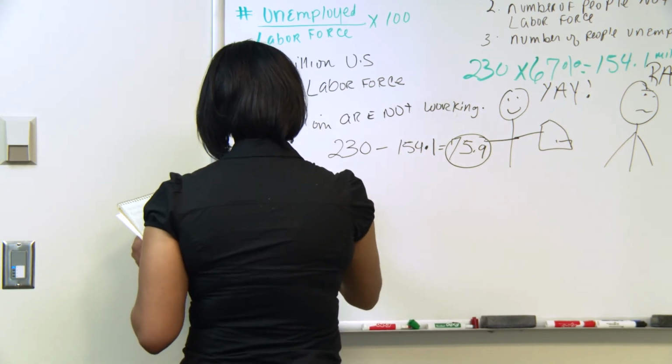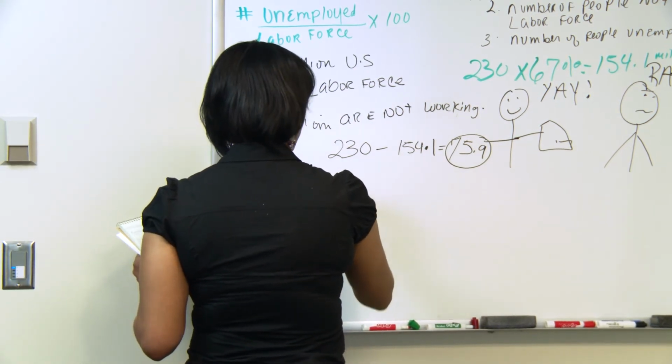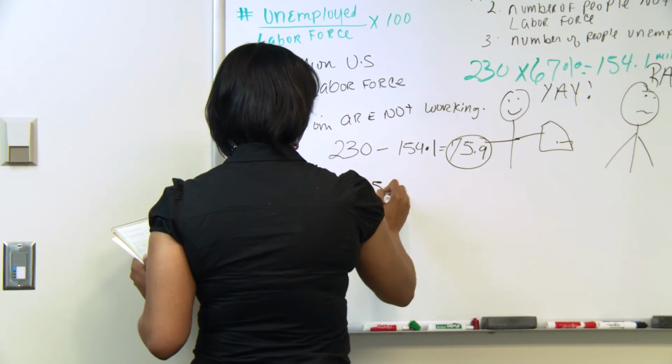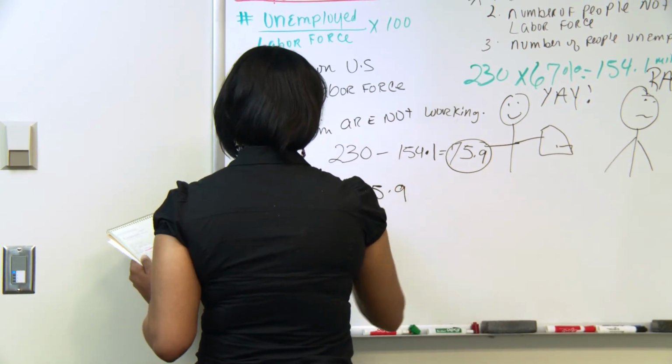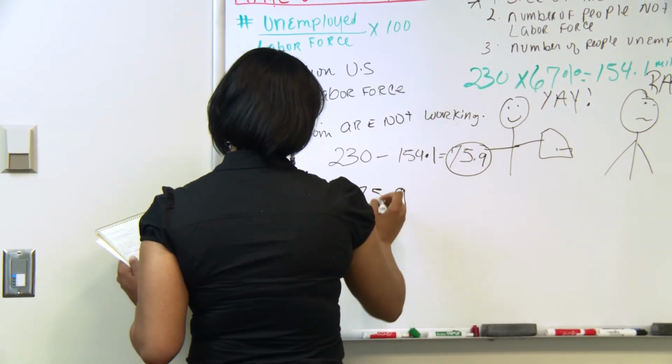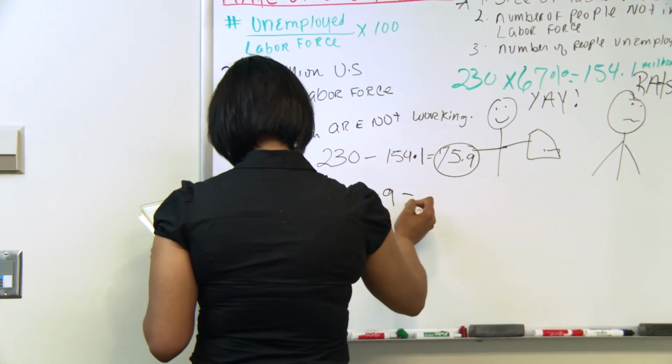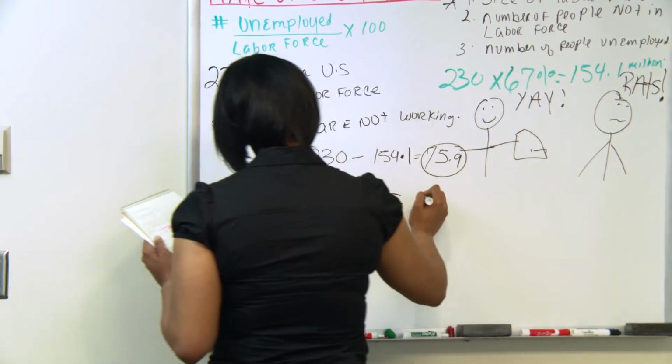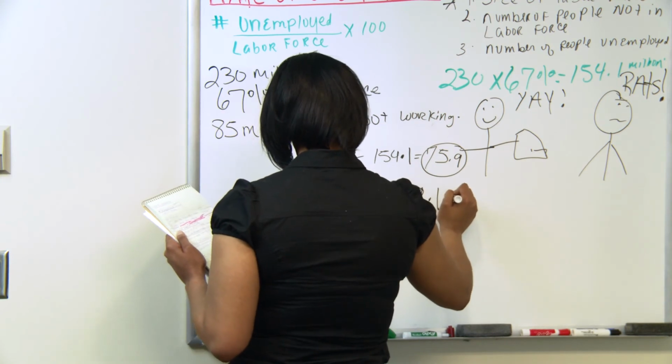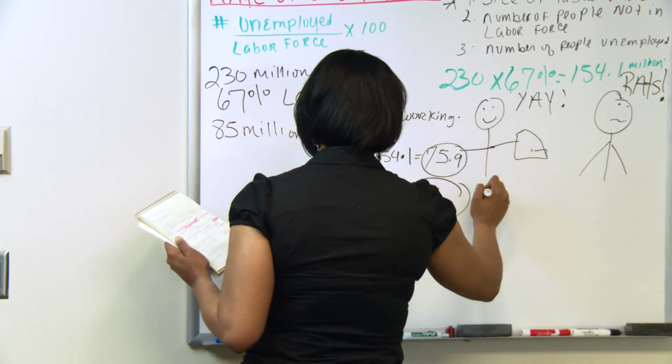So 85 million minus 75.9, not in the labor force. So these are just people unemployed. These are people not in the labor force. This will give us a nice total of 9.1 million people who are actually unemployed.